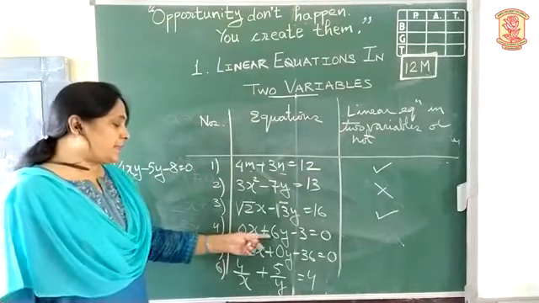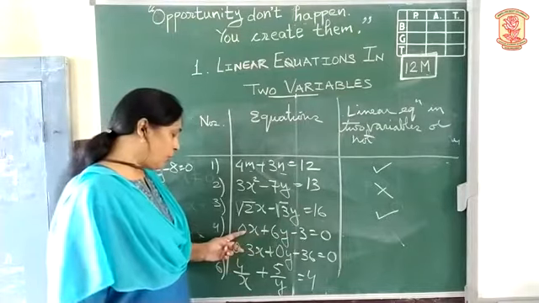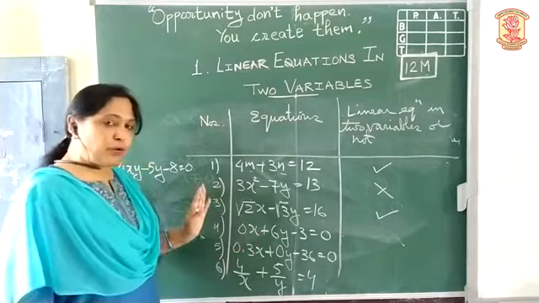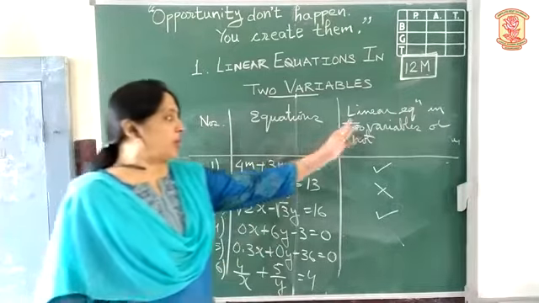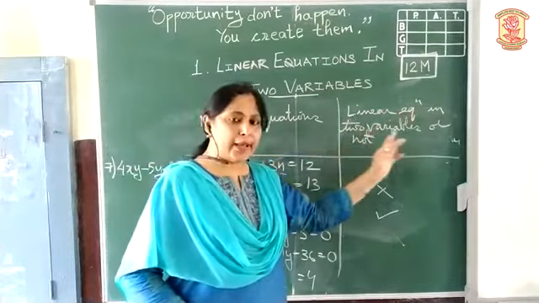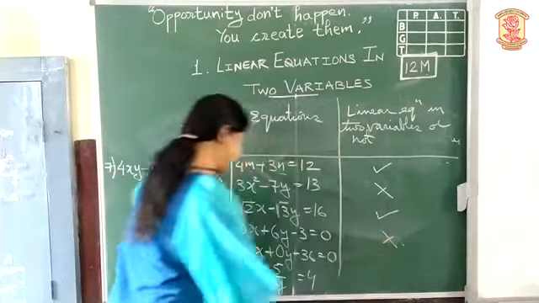Now 0x plus 6y minus 3. Now the coefficient of x is 0. That means this term will be removed and this will become a linear equation in one variable, whereas here we are talking about linear equation in two variables. So this is not a linear equation in two variables.